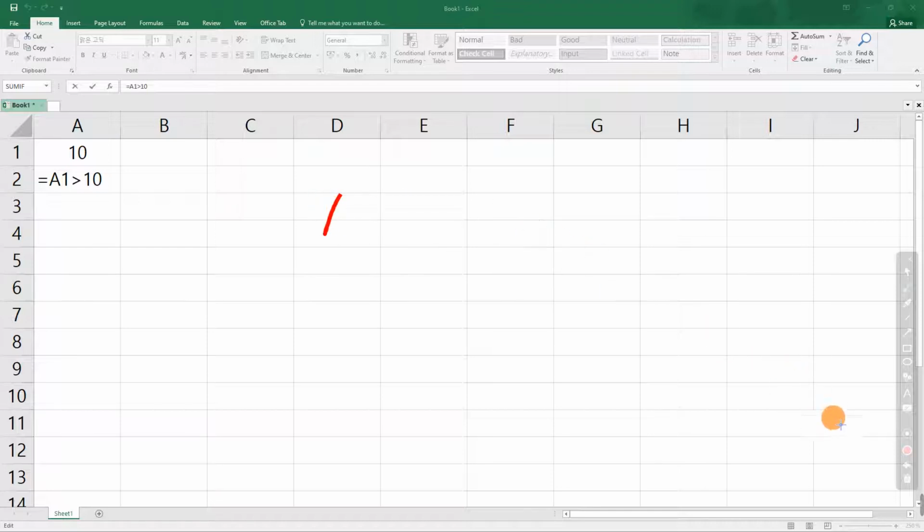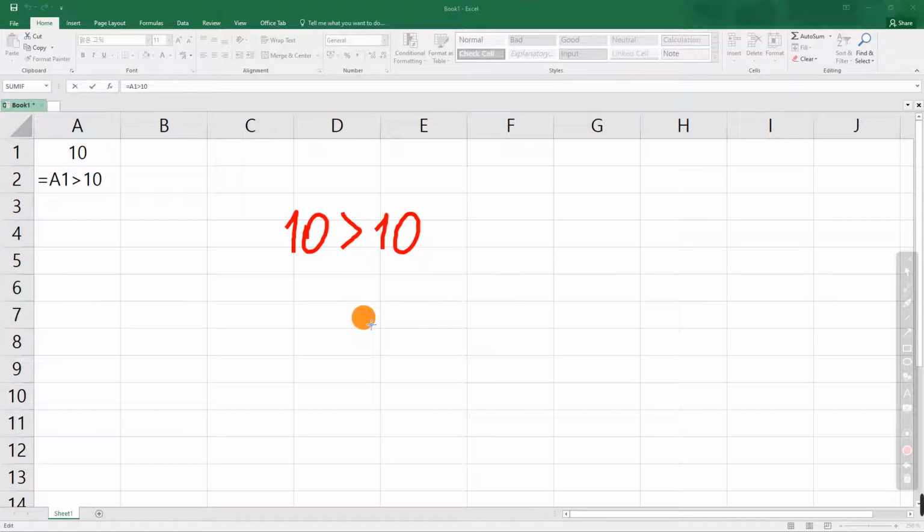Let's say I want to check if 10 is greater than 10. If, for example, your math teacher in school writes such a statement, of course it will be very strange for you. I mean, what is the meaning of comparing 10 and 10?